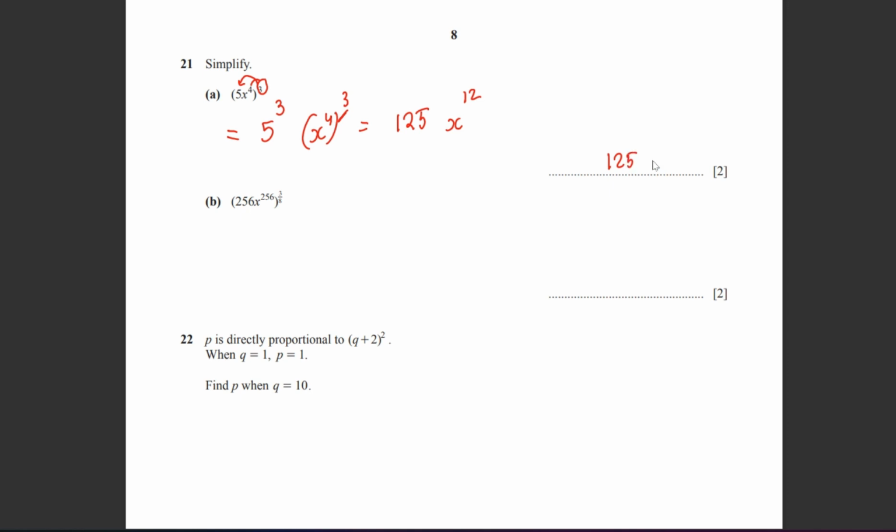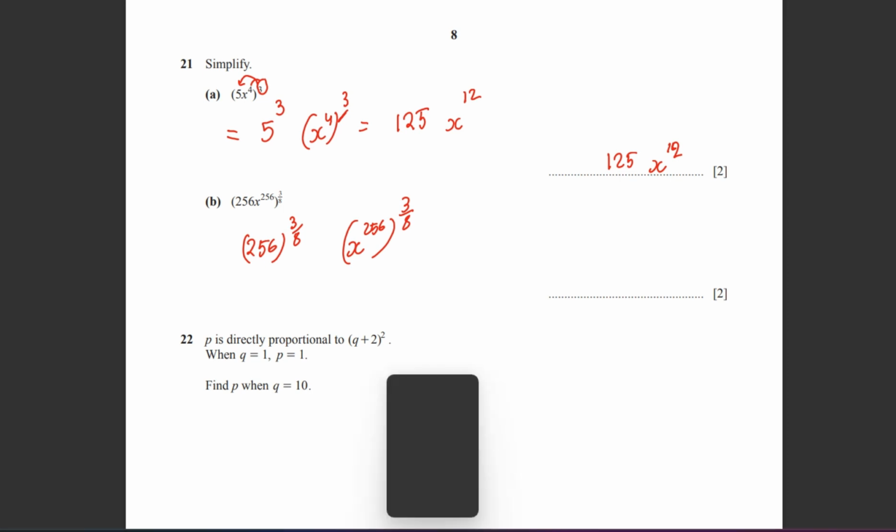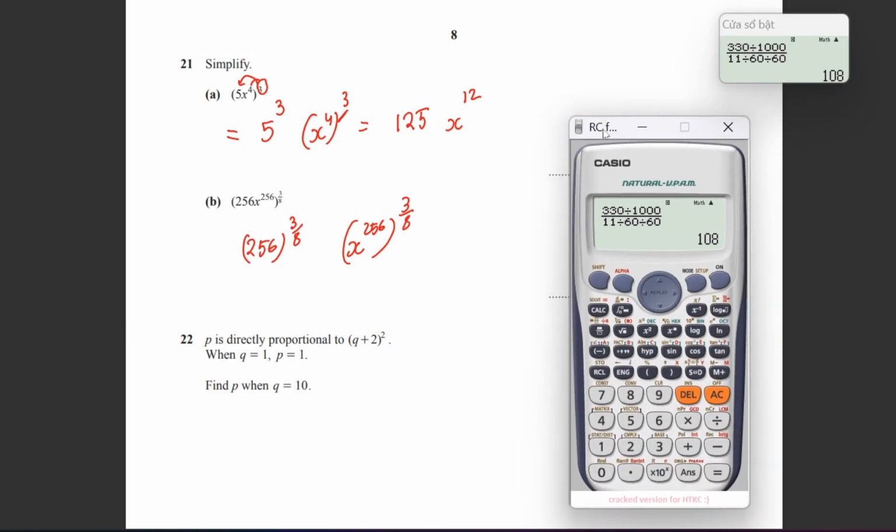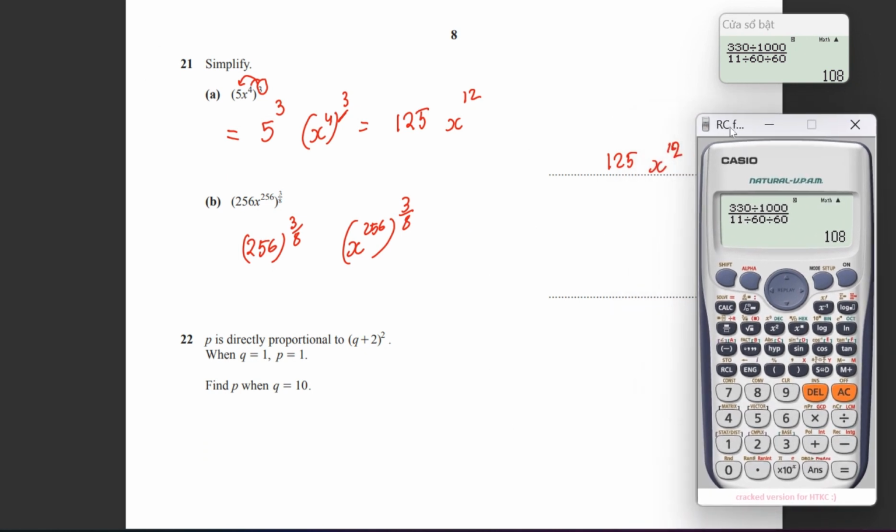Then the same here, 256, all of this, power 3 over 8, and then x power 256, all power 3 over 8. First of all, I can do this with the calculator: 256 power fraction 3 over 8 equals 8.